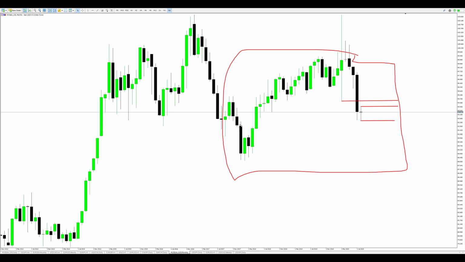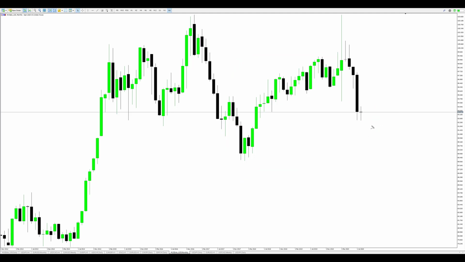So now I'm going to mark out those points that I've highlighted so that we get to define exactly our market structure. If you see the current month, the low is coming in at 92,465. Then if you look at the opening price of our order block, it's coming in at 91,900.